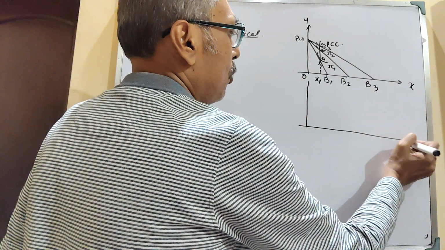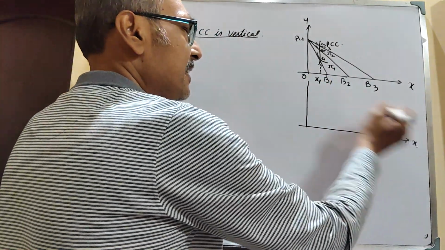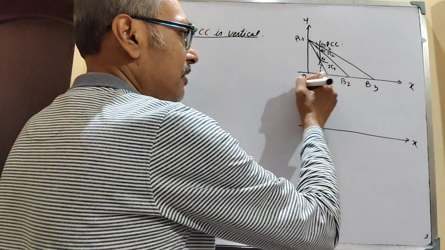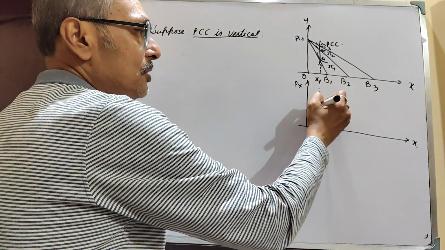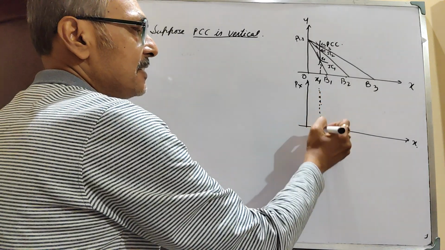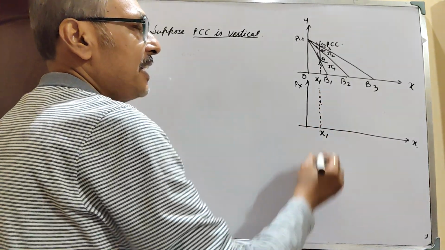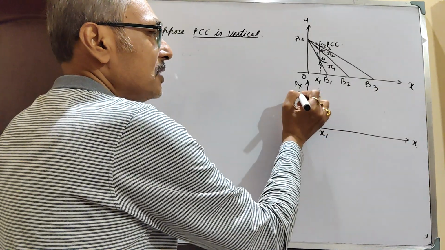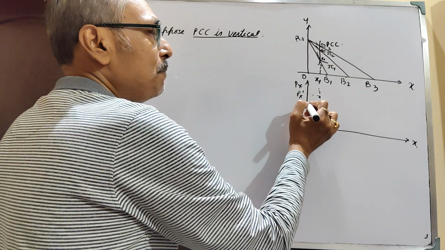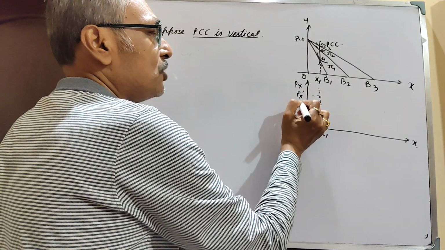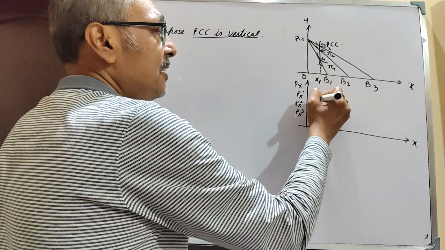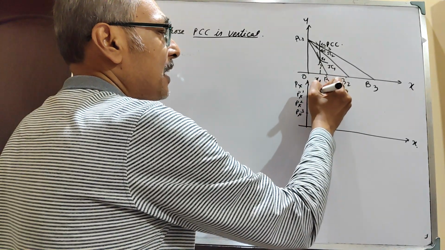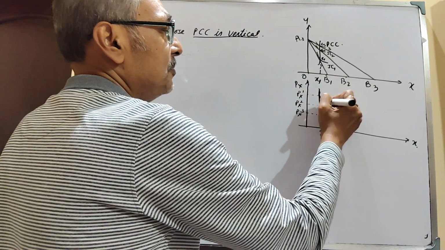In the horizontal axis we are measuring x, on the vertical axis we are measuring price. x1 remains unchanged. Now Px falls from Px1 to Px2 to Px3. This is the demand curve. The demand curve is vertical.